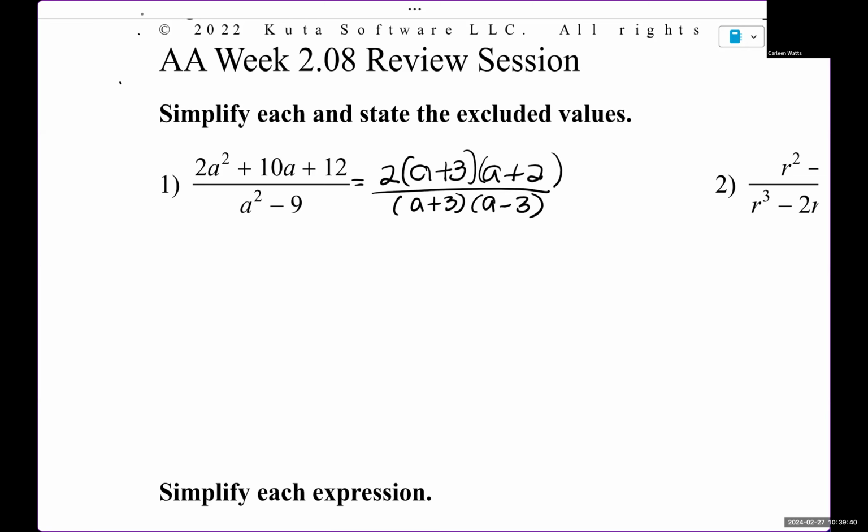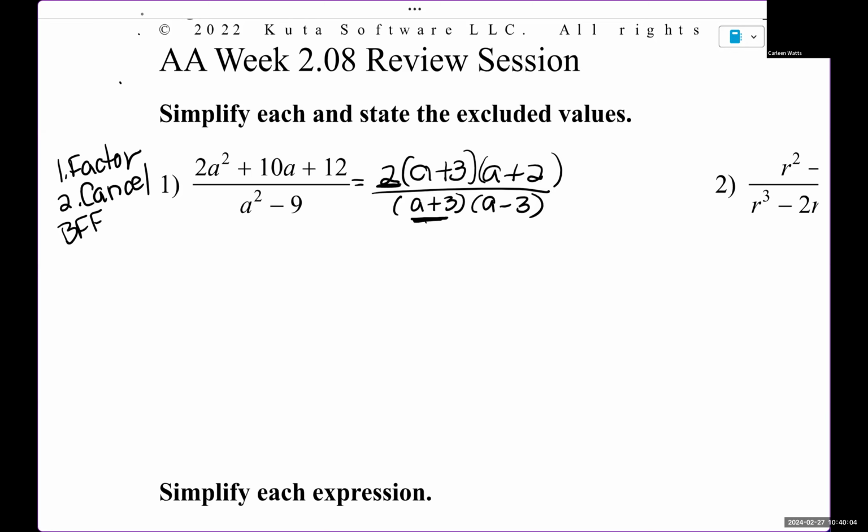Okay, now, step 1 is factor. Step 2 is cancel BFFs. This right here became a BFF. The 2 is a singleton.